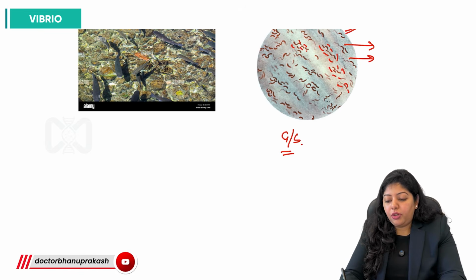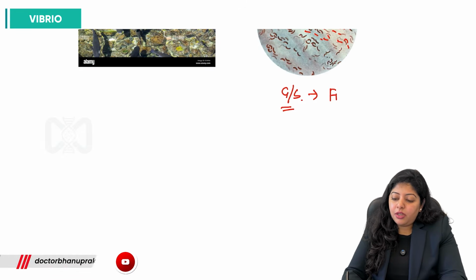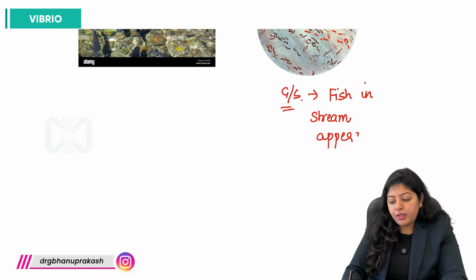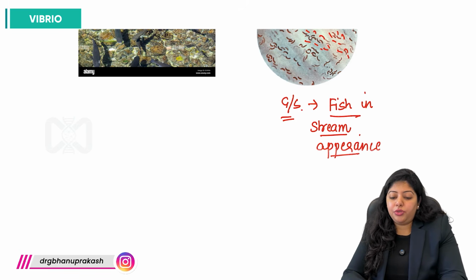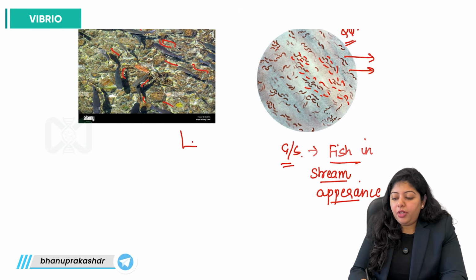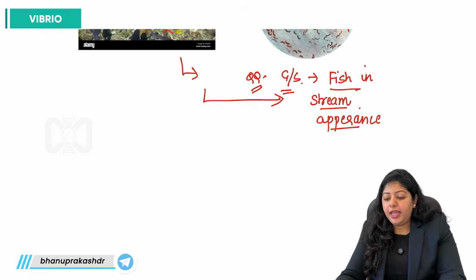This is the typical arrangement seen, that is the fish in stream appearance, seen in Vibrio cholerae diarrhea or rice water stool, and this picture depicts the fishes moving in a single line. This is pathognomonic for fish in stream appearance, a very potential question for your exams.